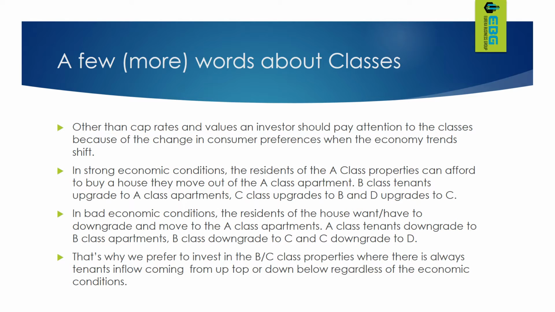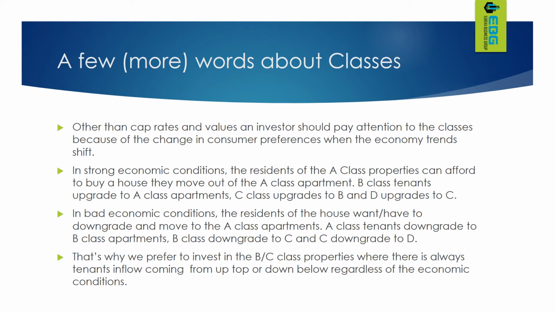Well, when the economy tanks and when things go south, people want or have to downgrade. Back in '08, a lot of people just lost their houses. Well, these people didn't go to the street, and they usually didn't go to C-class. They went to an A-class apartment. Then A went to B, B downgraded to C, C to D, and unfortunately, in many cases, D went to the street.